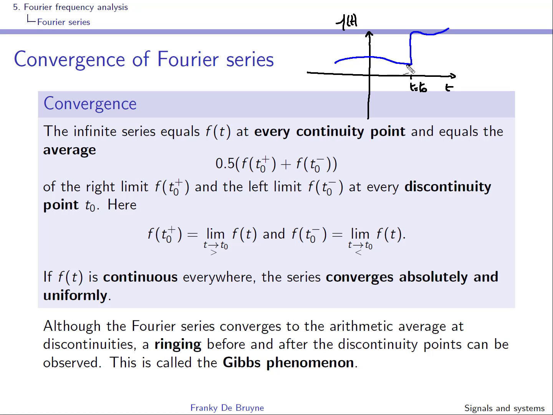You can define two quantities here. First, this one is f of t0 minus. This is the value the function takes if you approach t0 from the left, and it can be written by this limit.